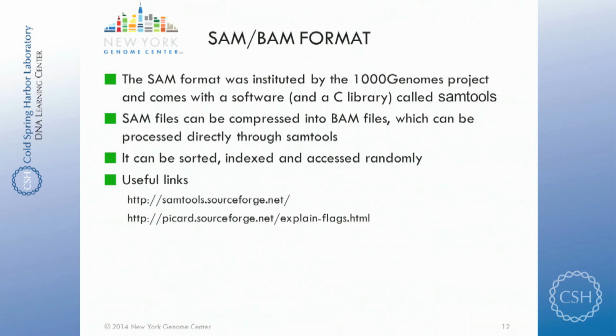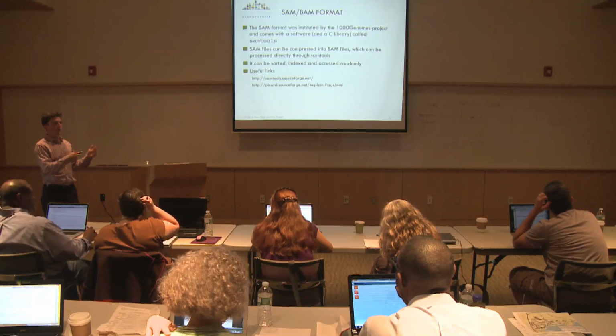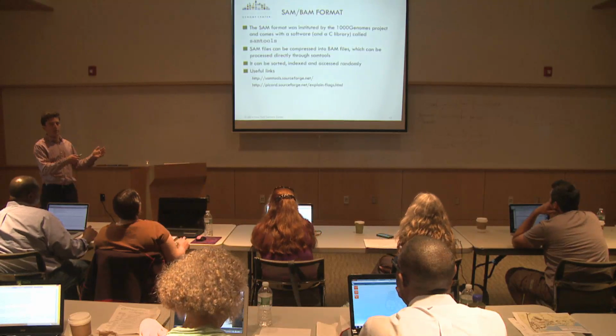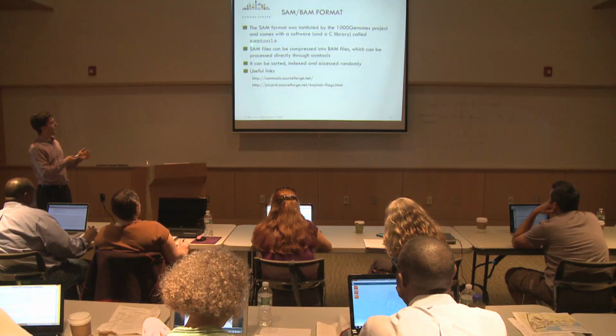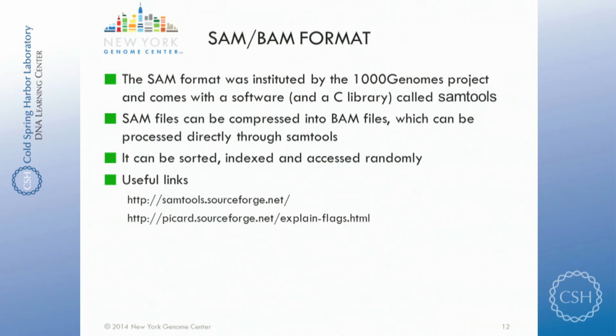So it's possible to have a lot of tools that can read those files very efficiently. Also, the key advantage of SAM is that it can be compressed into the BAM file, the binary version of SAM. And those BAM files can be processed directly by SAMtools. They can be sorted, indexed, and accessed randomly.